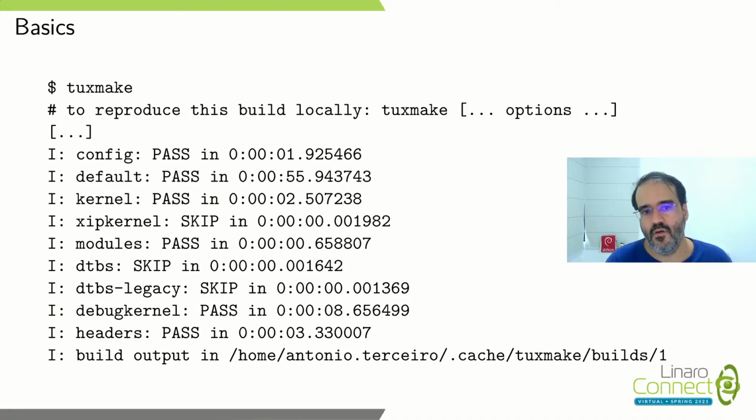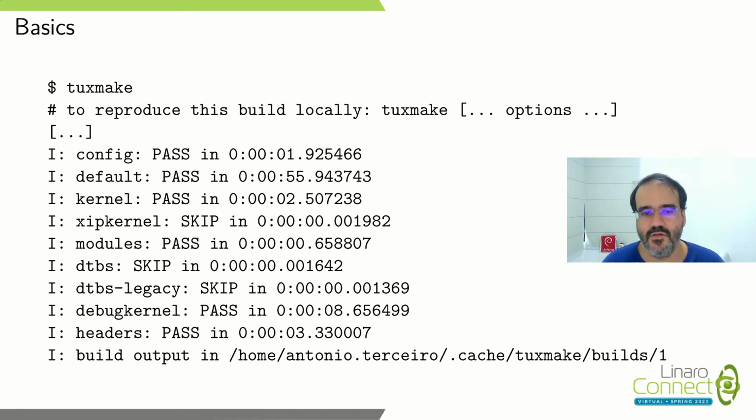Basic usage is very simple. You just run TuxMake in a Linux source tree, and TuxMake will do a build using all its defaults. It builds a default set of targets. You can see in the slide here.